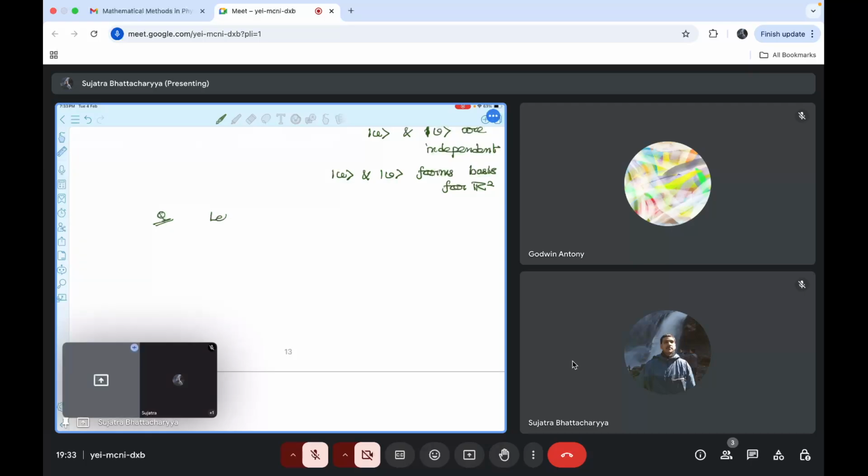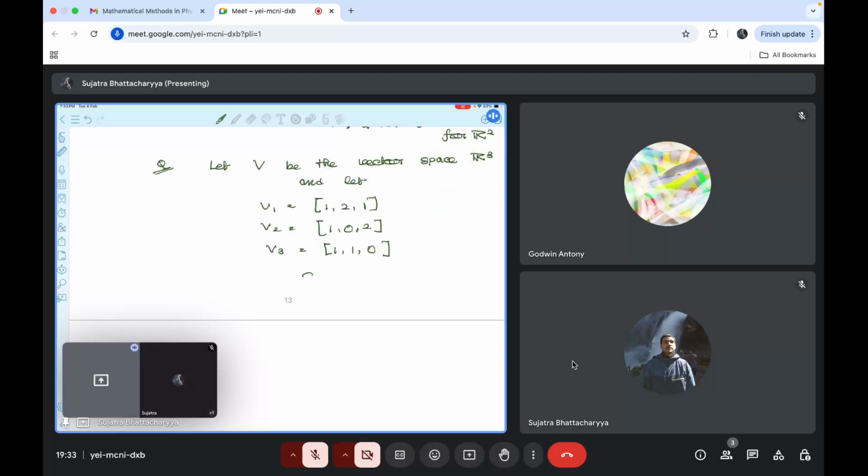So let V be the vector space R3, and let v1 be given by 1, 2, 1, v2 given by 1, 0, 2, and v3 given by 1, 1, 0.